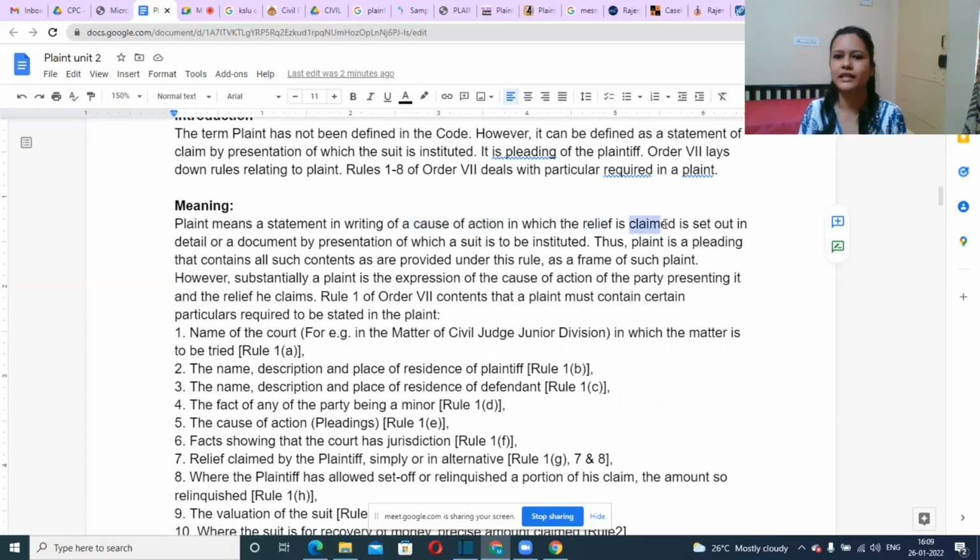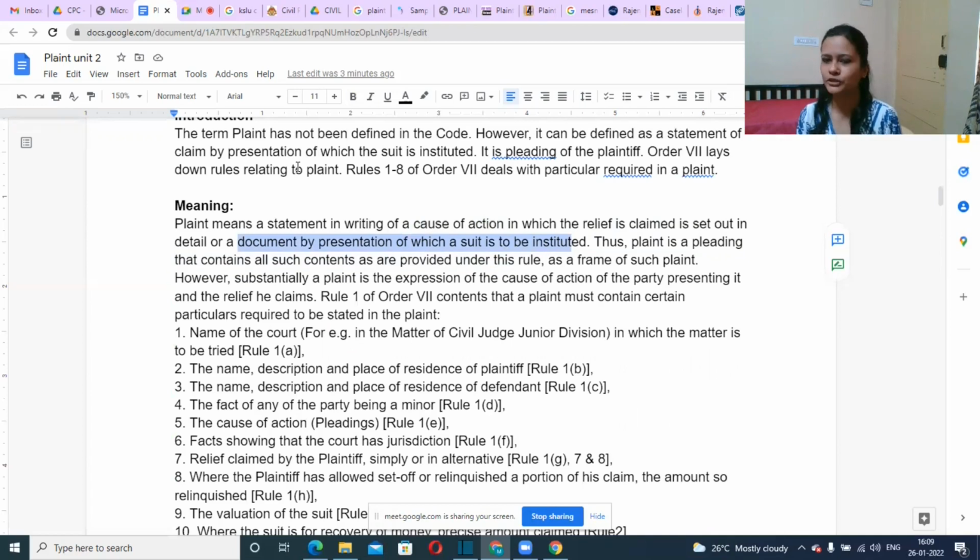In which relief is claimed is set out in detail, or a document by presentation of which the suit is instituted. What is the relief that the person is seeking? Because it might happen that a person is having alternate relief also, that you either take compensation, or you take this relief or that relief.